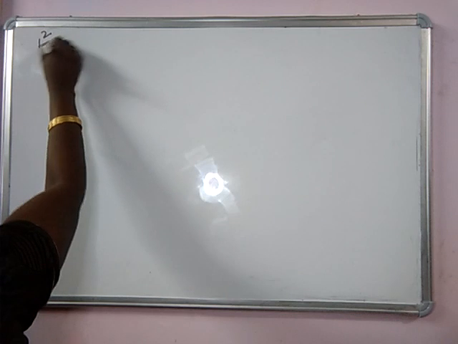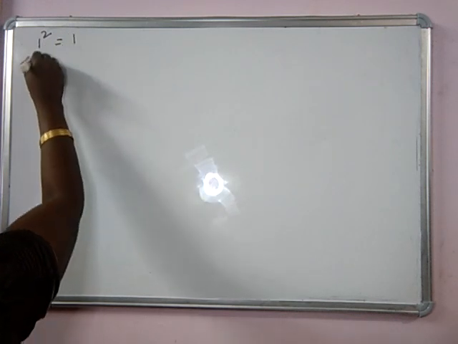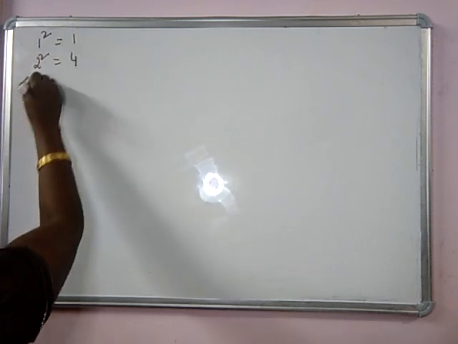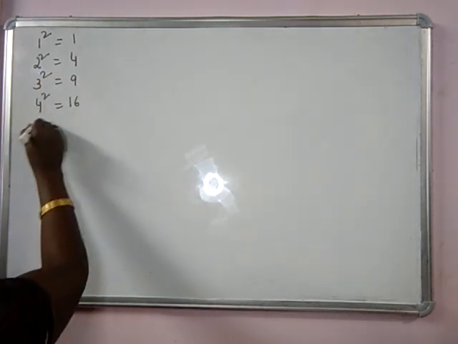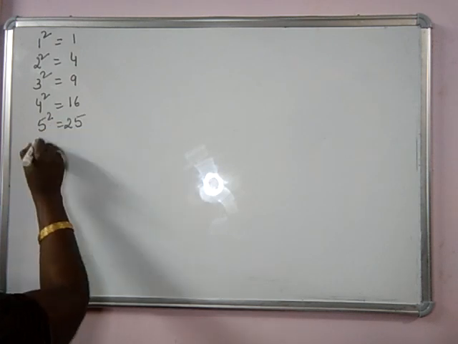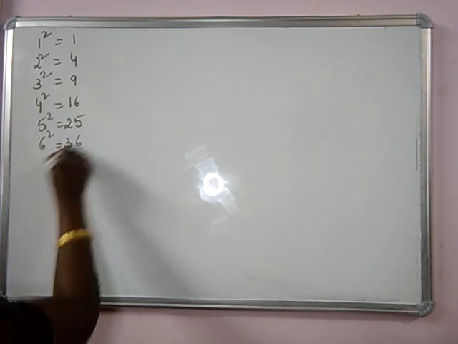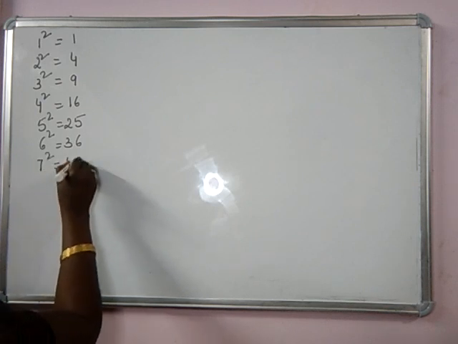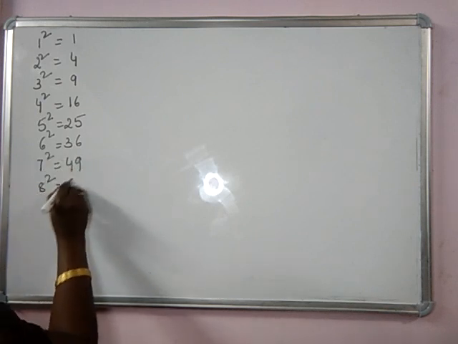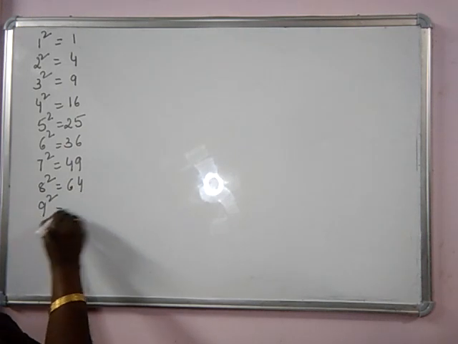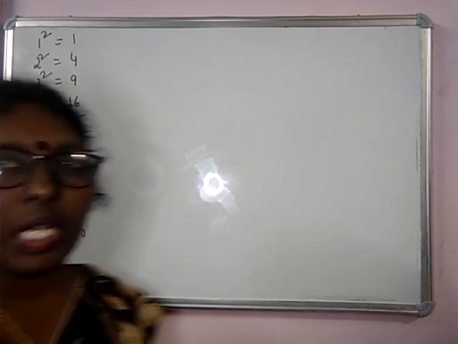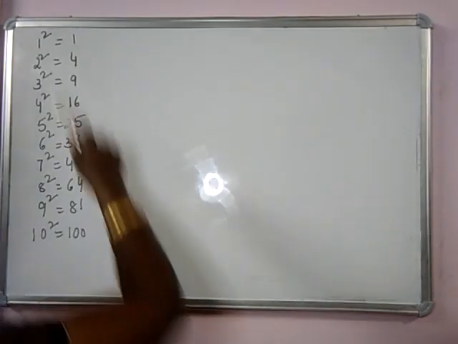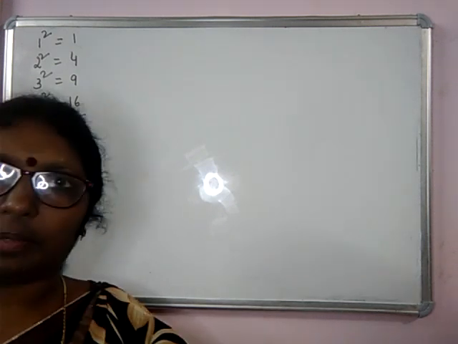Okay? 1 square is 1, 2 square is 4, 3 square is 9, 4 square is 16, 5 square is 25, 6 square is 36, 7 square is 49, 8 square is 64, 9 square is 81, 10 square is 100. So I have written the squares of the first 10 natural numbers.